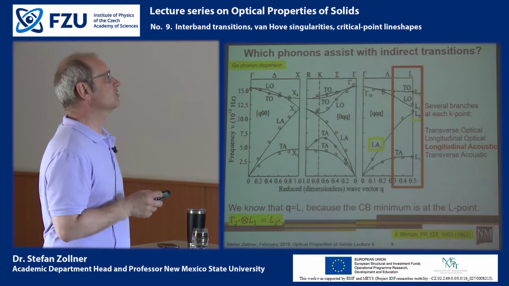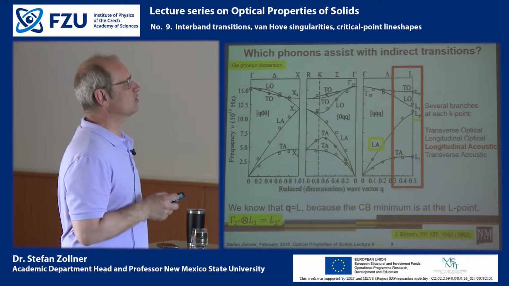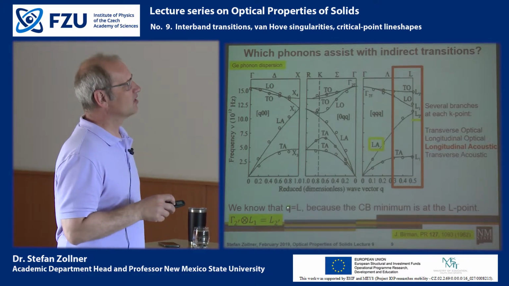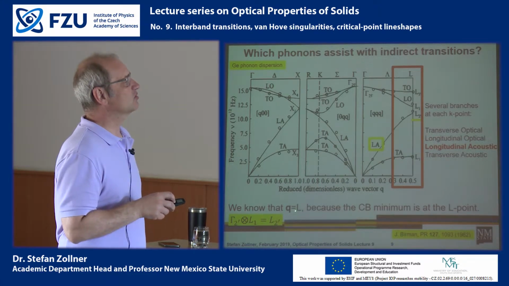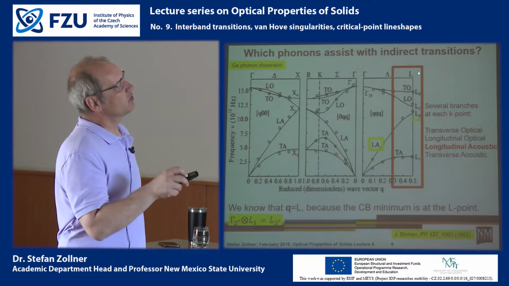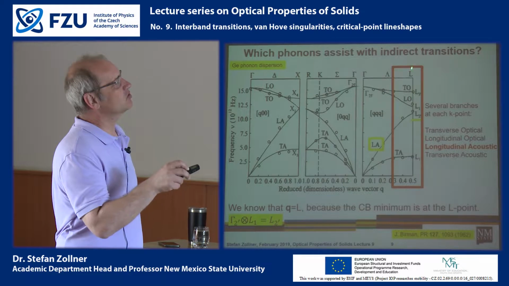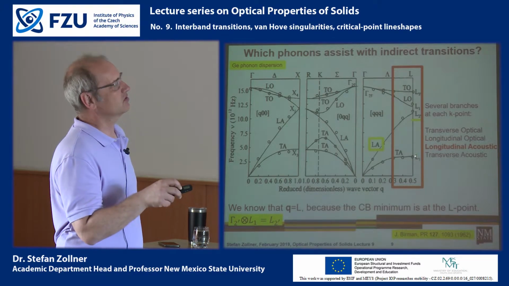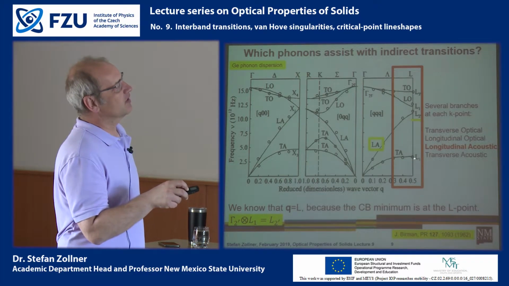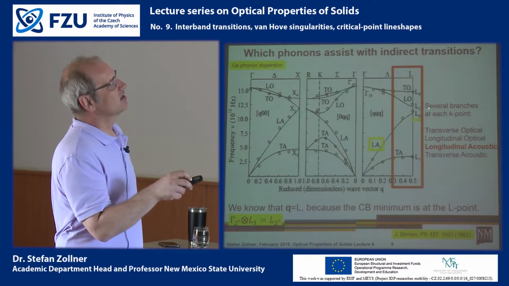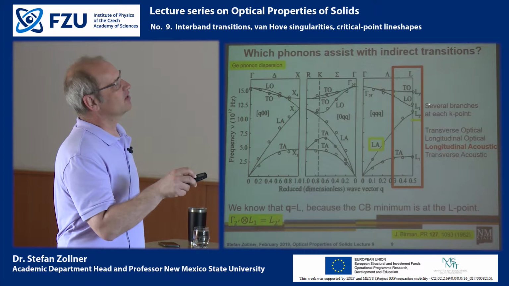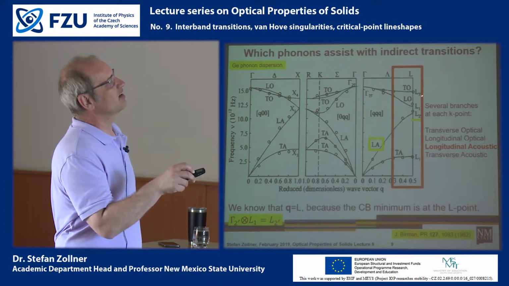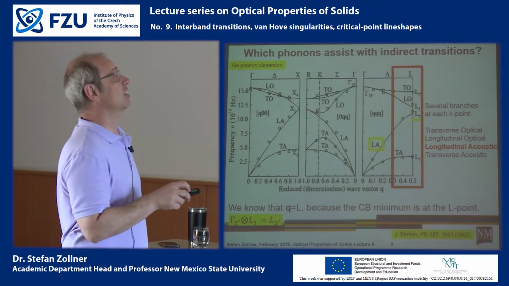Well, because the conduction band minimum is located at the L point, we know that we need an L point phonon in order to achieve the crystal momentum conservation. So let's look at the dispersion relation for germanium, at the phonons at the L point. There is a transverse acoustic phonon, a longitudinal acoustic phonon, a longitudinal optical phonon and, of course, two transverse optical phonons.